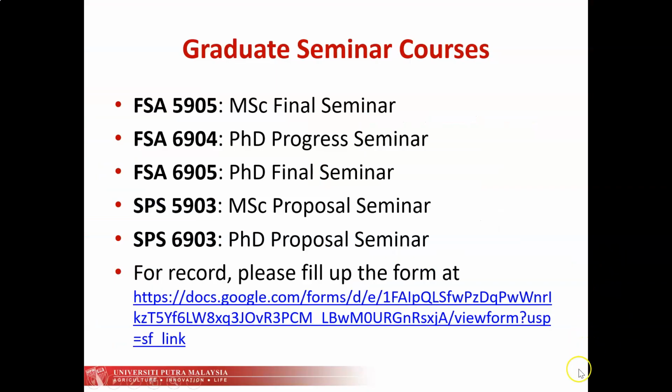So please fill up the Google form so that when the marks are given, I can submit the marks to the respective course codes. These different codes will tell you the type of seminar that you're supposed to present.